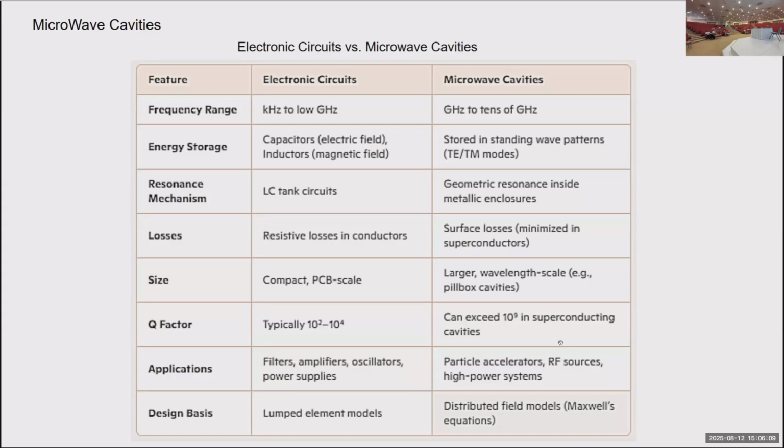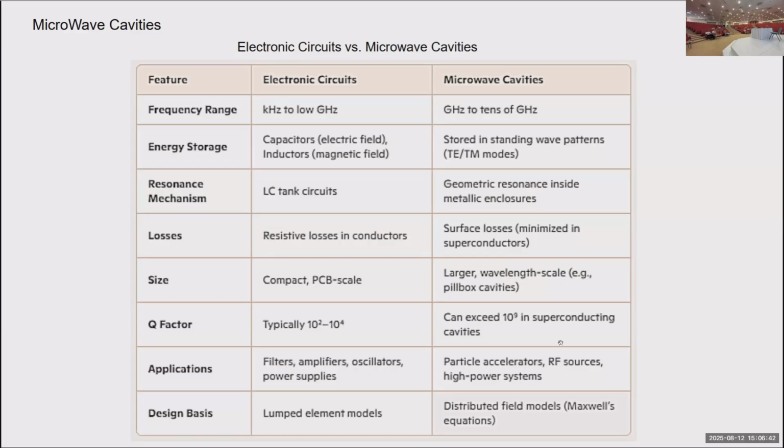Relative losses are due to conductors. In microwave cavities, resistance means surface losses. And size, you know that one. The Q factor is about 100 to 10,000 for normal conductors, but for superconductors it is different.